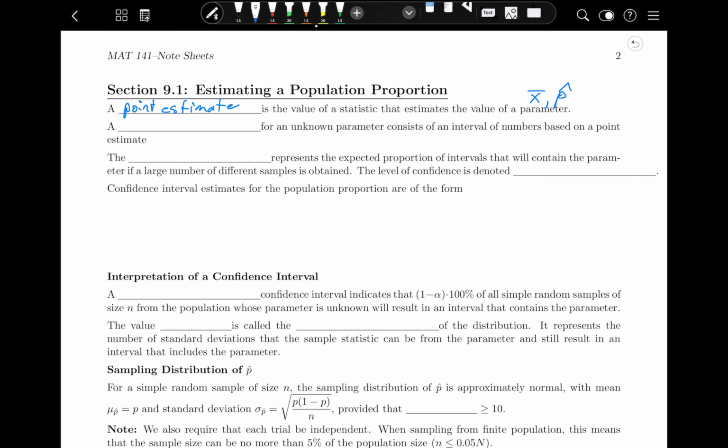Then we can create confidence intervals. A confidence interval for an unknown parameter consists of an interval of numbers based on a point estimate. So it's an interval of numbers that are around a point estimate.